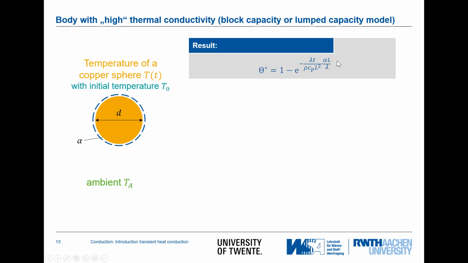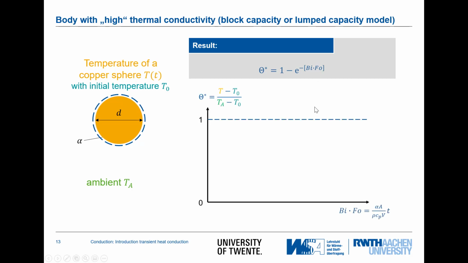And we have seen that there was a length scale to the power of 2 and to the power of 3. We can reduce this, so we have a length to the power of 1 and a length to the power of 2. Looks a bit silly, but we can see here that we have two dimensionless numbers: on the one side the Biot number and on the other side the Fourier number.